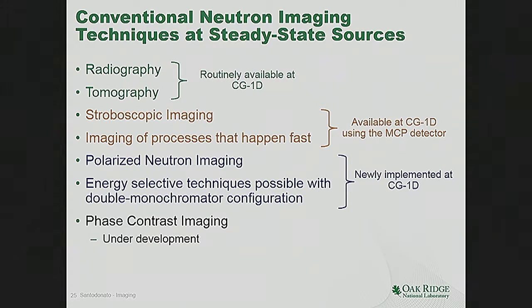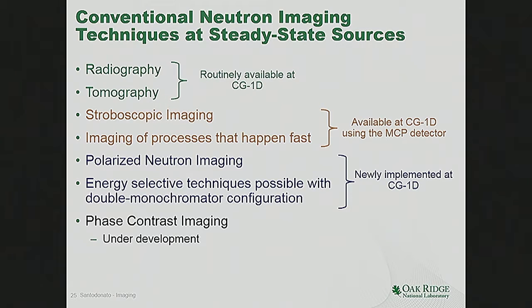The neutron flux isn't big enough that we can just capture one radiograph and see what's going on at any given point in that firing cycle. But we fire it over and over and synchronize it with the MCP detector, and we can say something about what's going on. So we do some of that, stroboscopic imaging, or even processes that happen fast. And that's actually becoming a bit common now. We use the MCP detector for things like water uptake that might advance quite quickly.